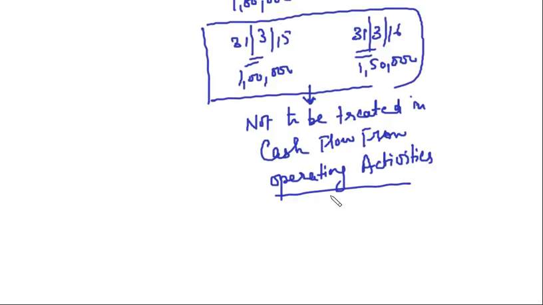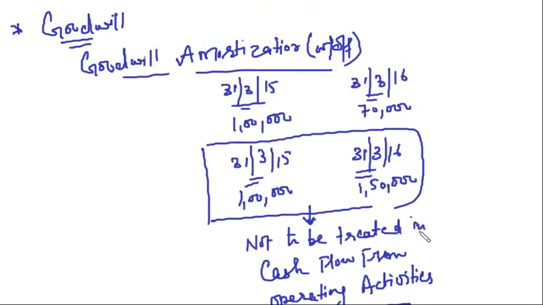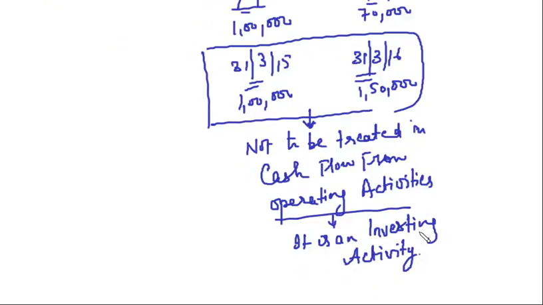It will be treated as cash flow from an investing activity in case the goodwill amount is increasing. Clear? Clear, friends? So this is one small point regarding the goodwill I wanted to discuss. I hope this much is clear to you.